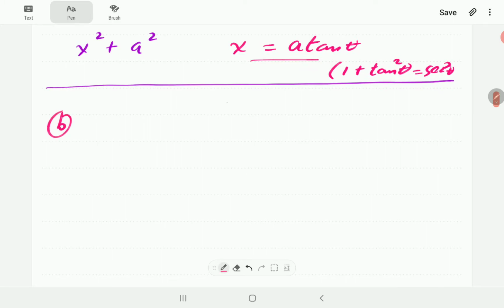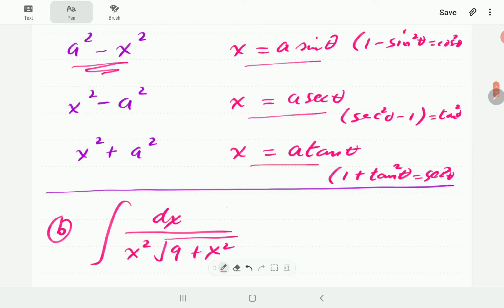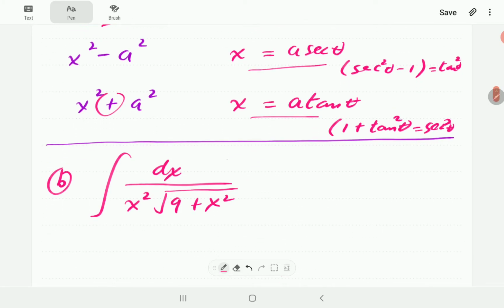Okay, so in part B we have the integral of dx over x squared times the square root of 9 plus x squared. From this we said if the quadratic form involves a plus, the substitution is x equals a tangent theta.